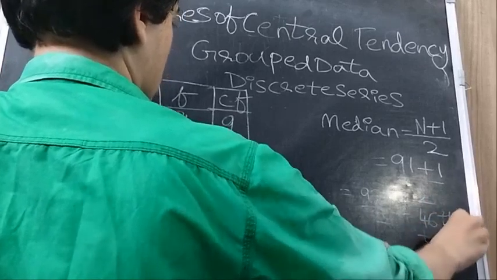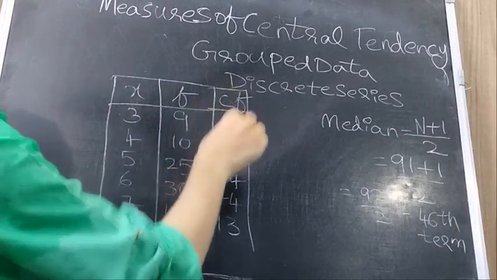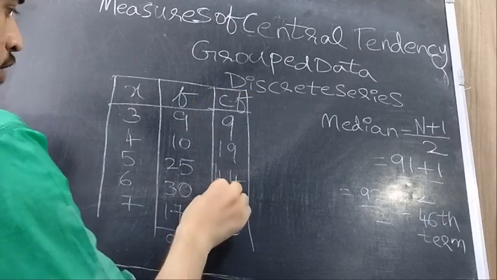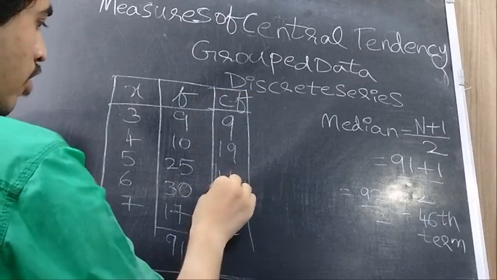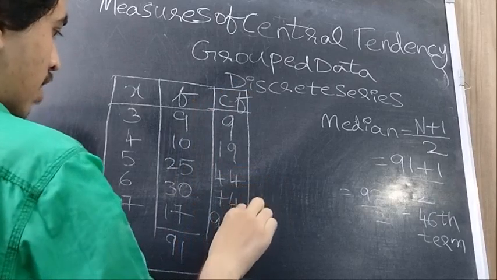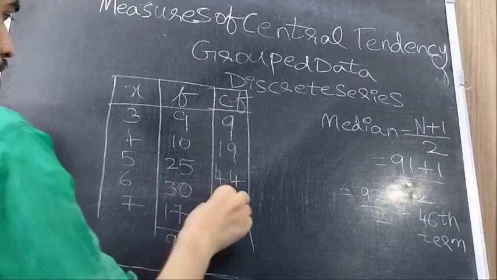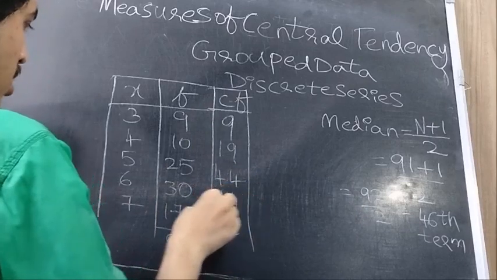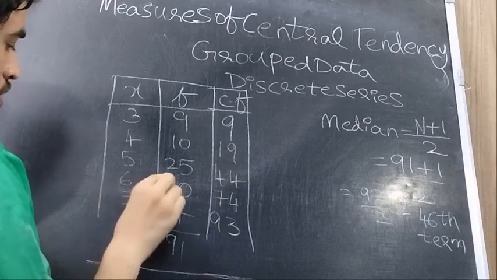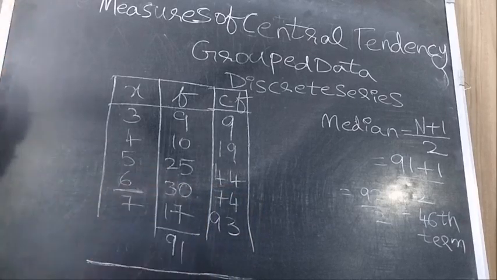The 46th term. So this 46, you have to see where it will coincide in the cumulative frequency. Where will 46 come? In 44, 46 will not come. So in 74, 46 will come. So the answer is the number corresponding to the 74, that is the median.